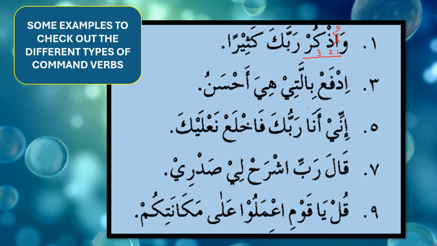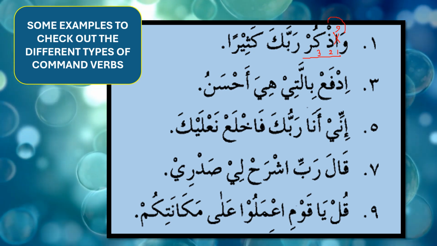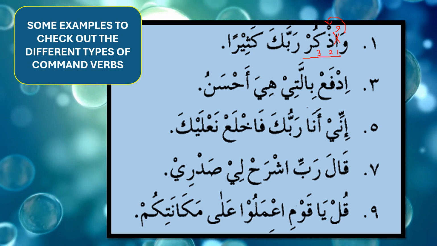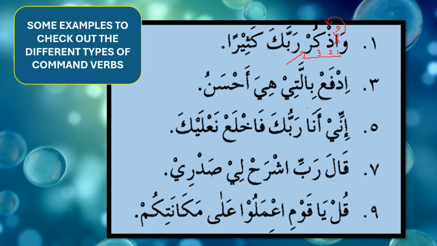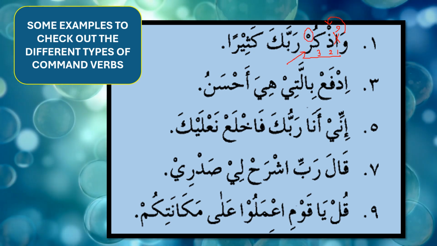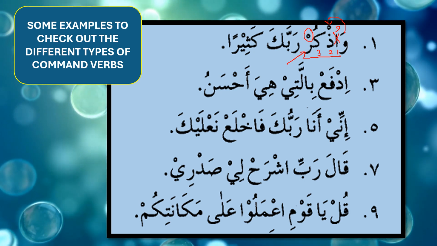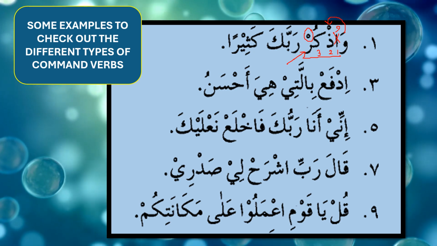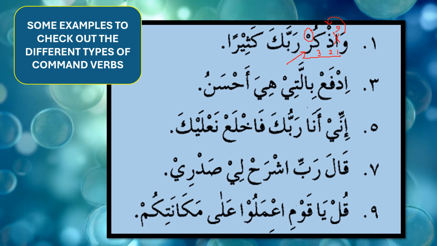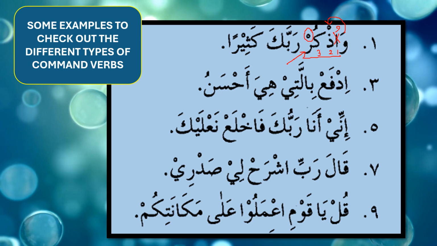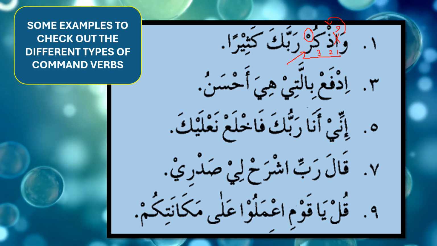We will directly go from waw to dhal with sukoon. So we will say wazkur. So seeing the last letter as a sahih letter having a sukoon, so you know there is no damir attached with this fail. So this command is coming for male singular. So that's how you should know to whom the command is being given.